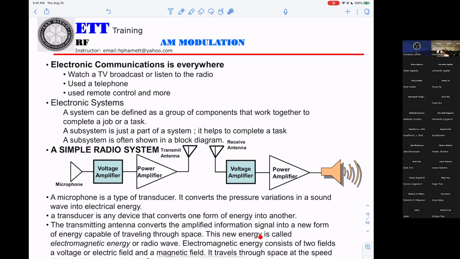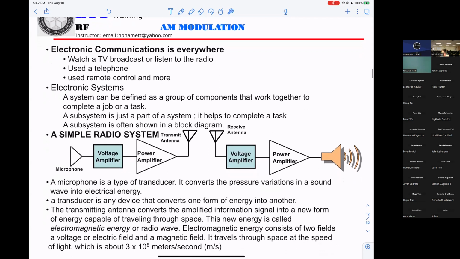This new energy is called electromagnetic energy or radio wave. Electromagnetic energy consists of two fields, a voltage or electric field and a magnetic field. It travels through space at the speed of light, which is about 3 times 10 to the power of 8 meters per second.